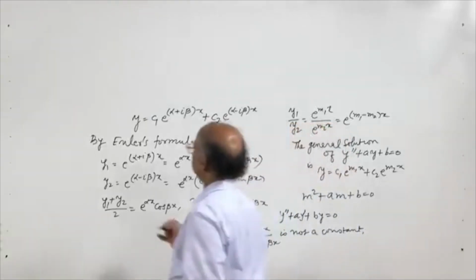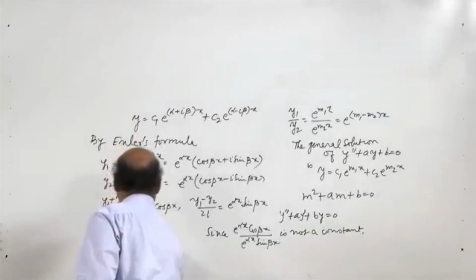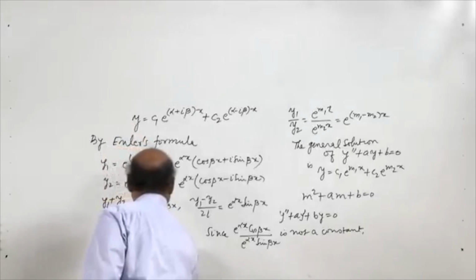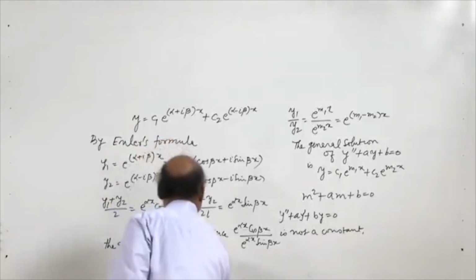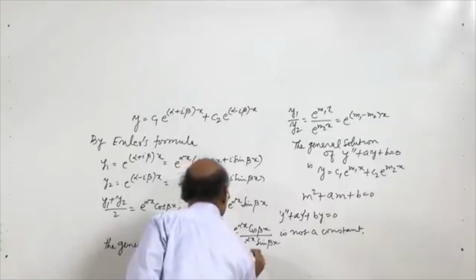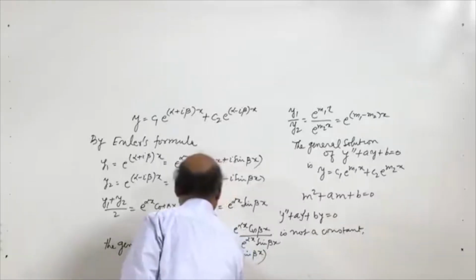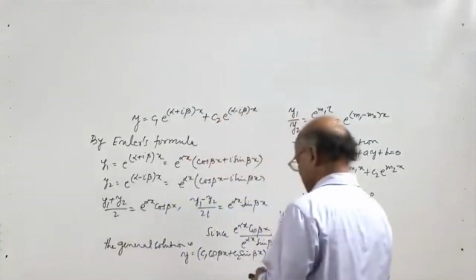the general solution in this case will be y equal to C1 cos beta x plus C2 sin beta x into e to the power alpha x.